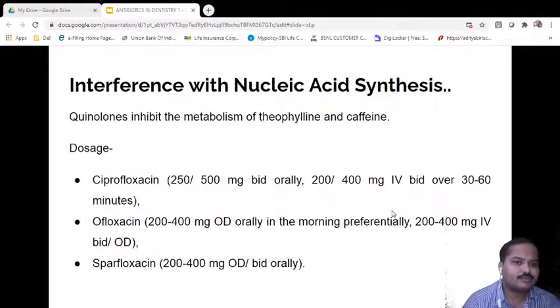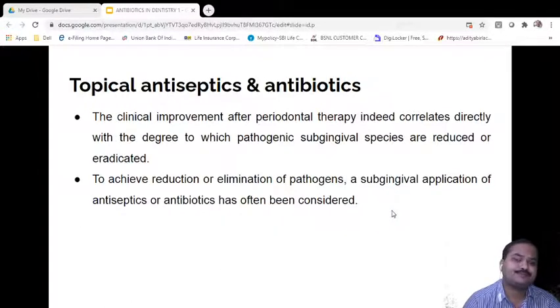And the dosage of ciprofloxacin can be 250 to 500 mg BID orally, and intravenously it is also given. Ofloxacin and sparfloxacin can also be utilized for various oral and dental infections.